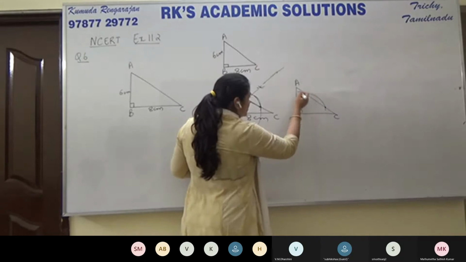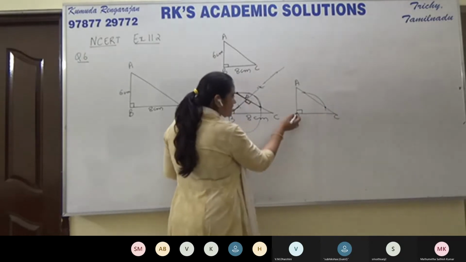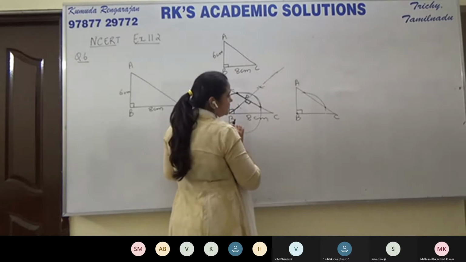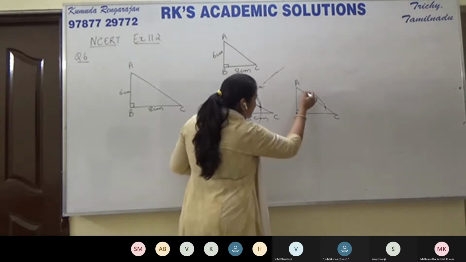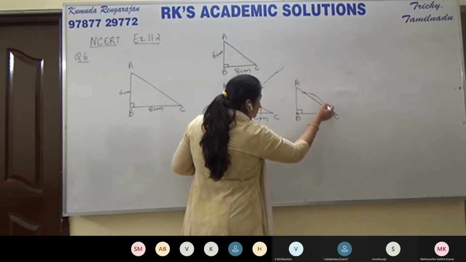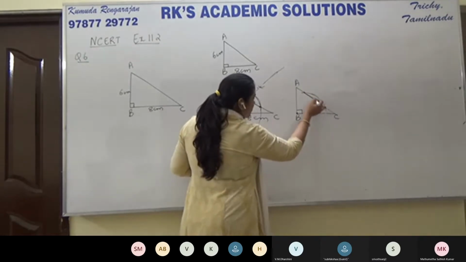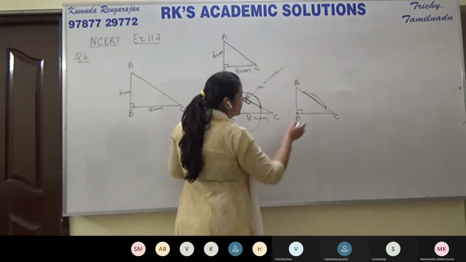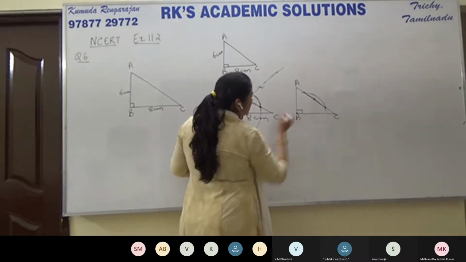If you complete this, it becomes a circle with center B. We just take an arc, a part of the circle. Next, we bisect. This is now a chord and this is the arc. This is the chord contained in this arc. We are going to bisect this chord.